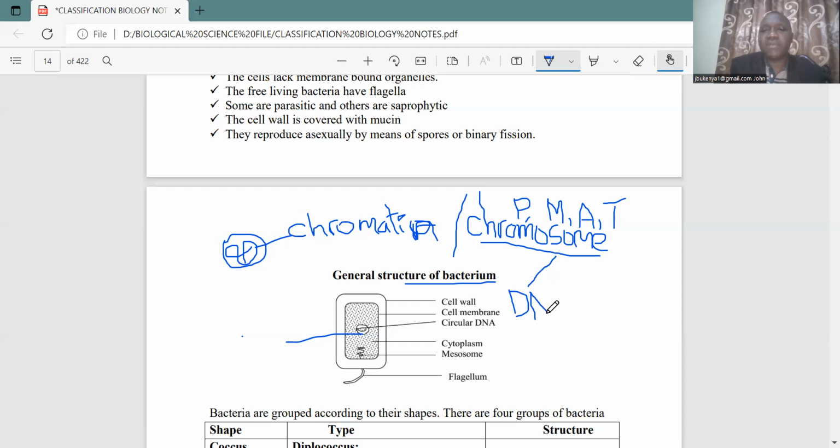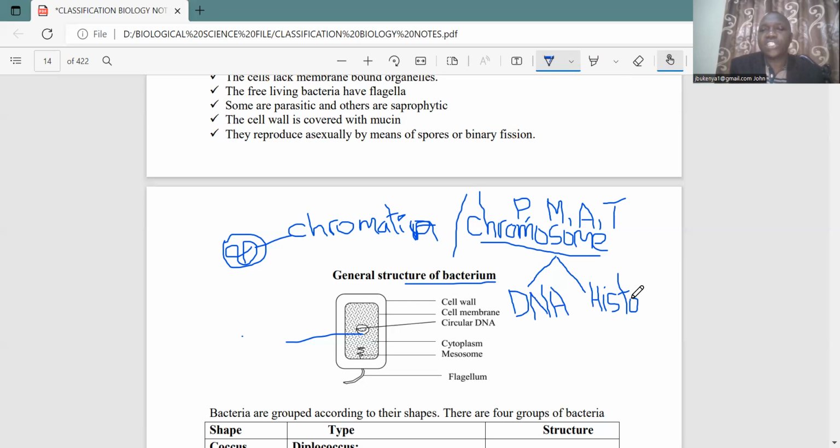The main component of the chromosome is a molecule which we call the hereditary material, or the genetic material of the cell, and this is known as DNA. Then DNA is associated with a protein known as histone, and the two form a chromosome.